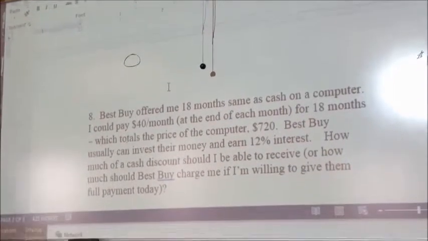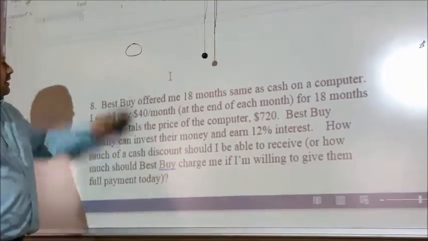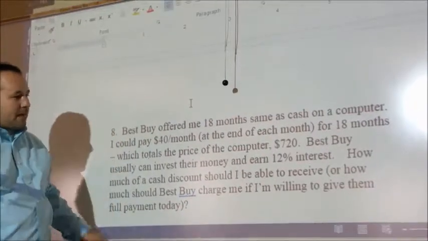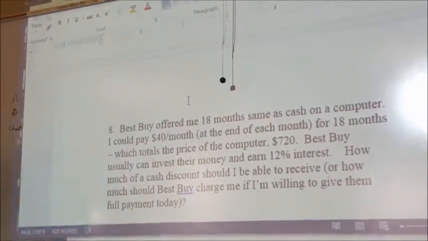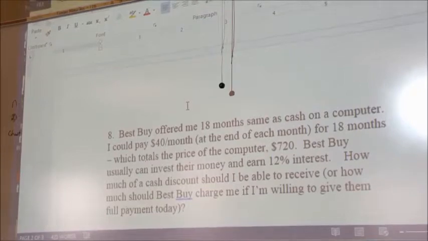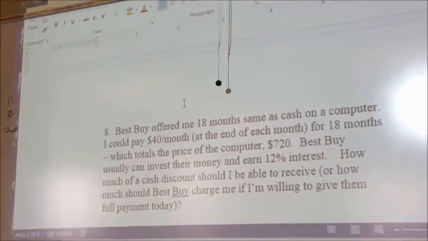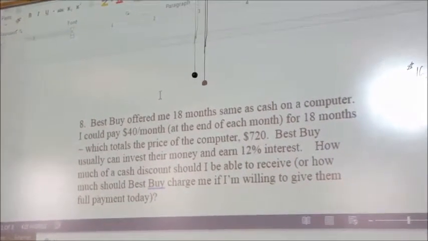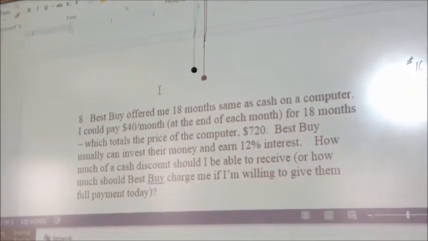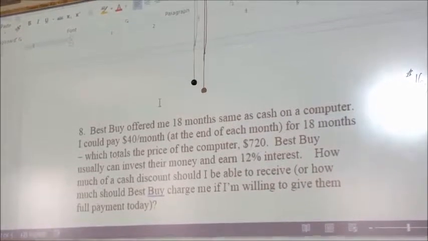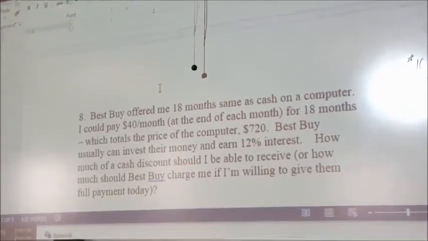Last example. This is a real case. It really happened to me. I did this. I found a computer, this was probably 3 or 4, maybe even 5 years ago. I went into the Best Buy out of McGalliard.